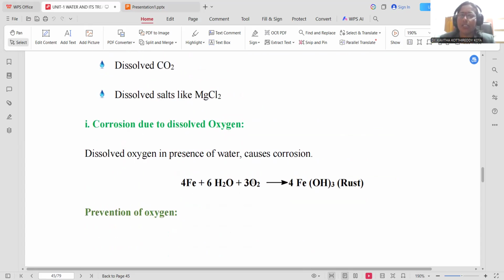Whenever oxygen is present in the water, as you are already aware, water by default is accompanied by dissolved oxygen, and only then are aquatic species able to survive. Iron is the main component used to fabricate the boiler, so iron or steel is taken for manufacturing it, the device which is used to generate steam.